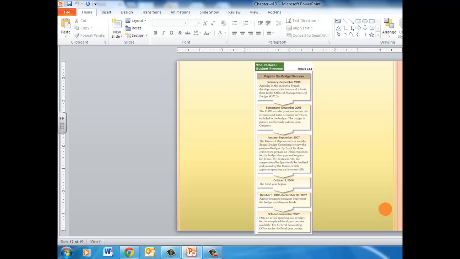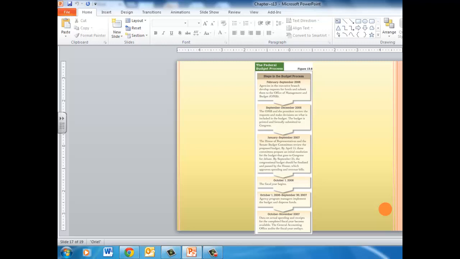Here is a little bit about the federal budget process. So the federal government is not on the calendar year such as we know it. The end of the year does not end on December 31st. The fiscal budget for the federal government starts on October 1st, and it ends at the end of September. So around February through September, Congress and the Office of Management and Budget start working on a new budget for the next year.